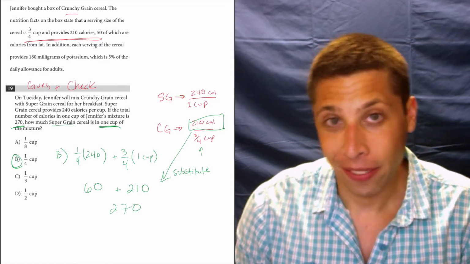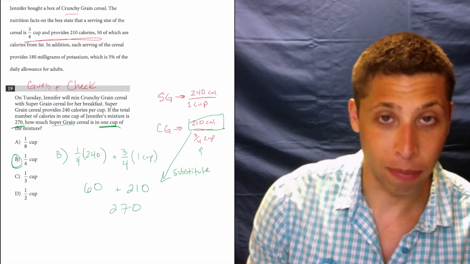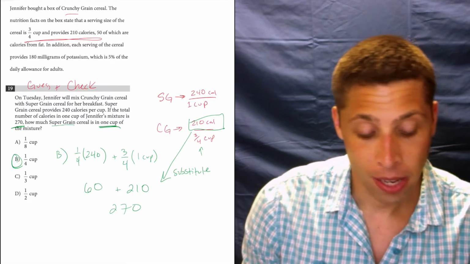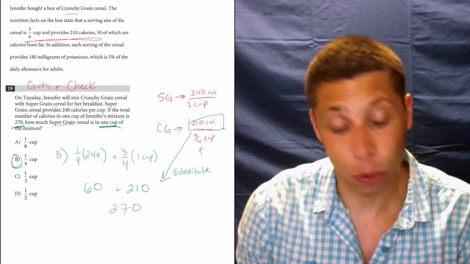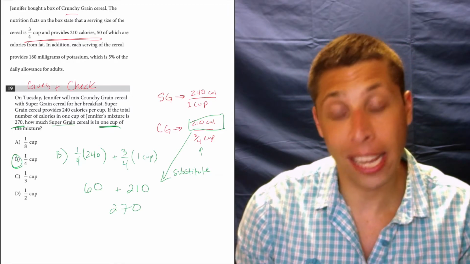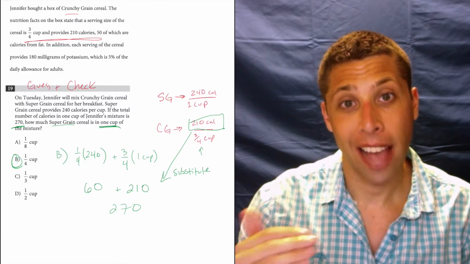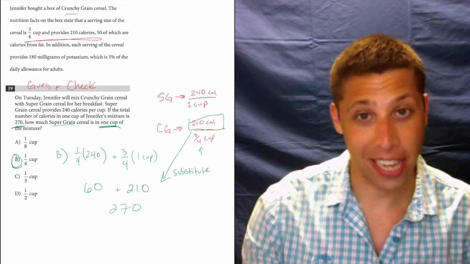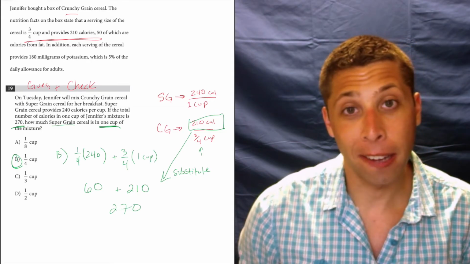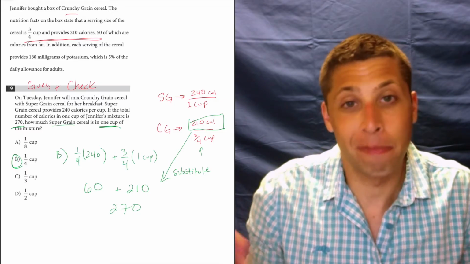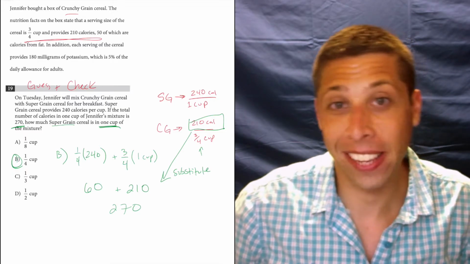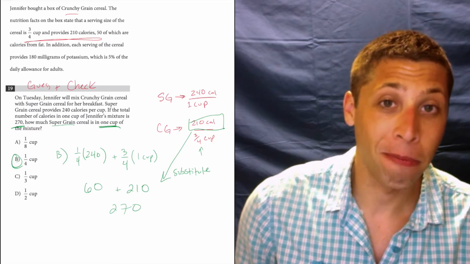Now, if I had tried C at first, it would have made things more difficult. I might have had to convert crunchy grain into an actual usable ratio so that I could take 2/3 of it. But I don't have to do that here because I guessed and checked, and it worked out.